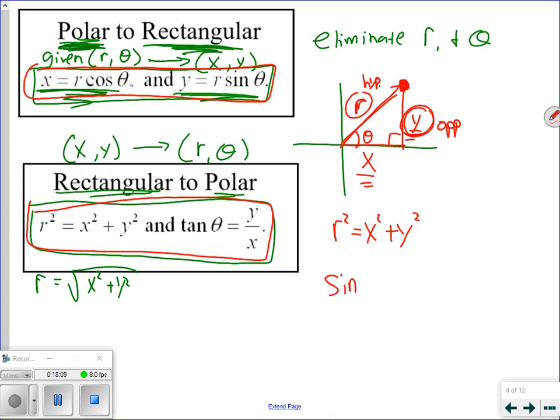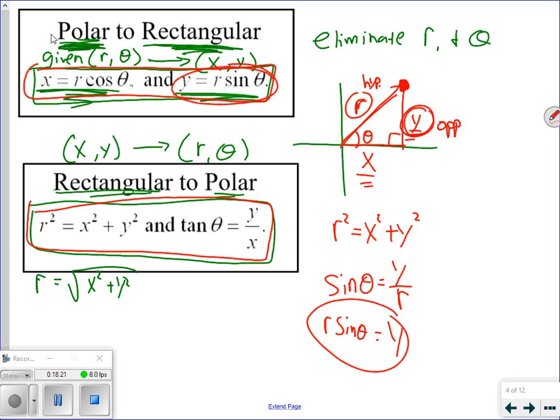So we got that the sine of theta equals opposite over hypotenuse, or that y equals r sine of theta. So that's how we get this identity, y equals r sine of theta. And the same argument can be made for x equals r cosine theta. So that's kind of where all these formulas are coming from here. Let's look at some examples with this.